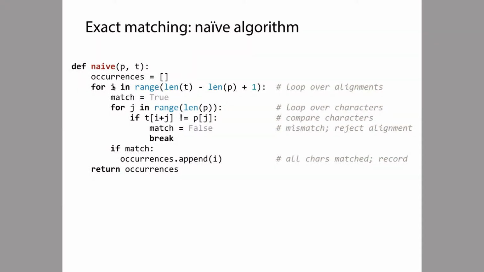Now we reach this outer loop here, which iterates over all possible alignments, all possible ways of lining up the characters of P opposite characters of T. Then in this inner loop, we have to determine whether the alignment corresponds to a match or not, and this requires that we compare the characters of P to the corresponding characters of T. The inner loop iterates over characters of P from left to right, and for each one it tests to see whether it's equal to the corresponding character in the text T. If it is not equal, then we know that P does not match T at this offset, so in that case we set this match variable to false, and we break out of the inner loop.